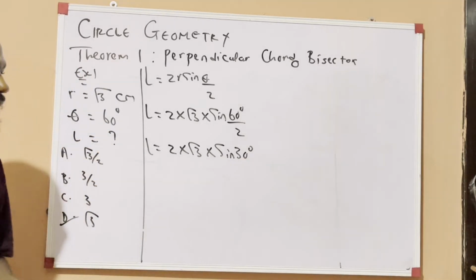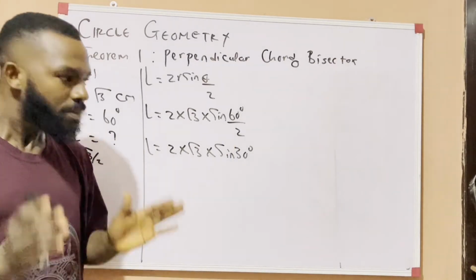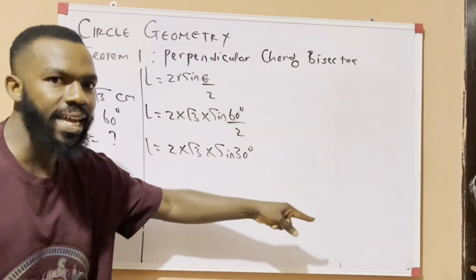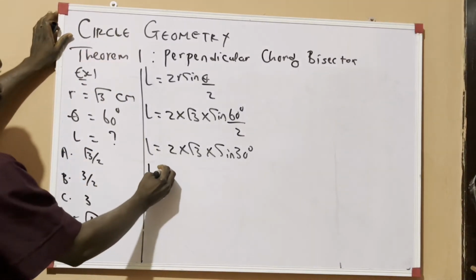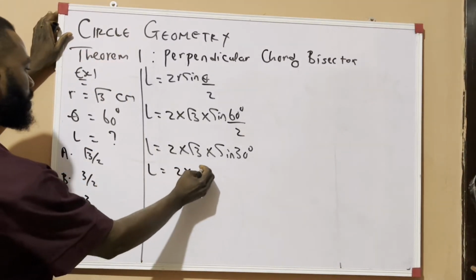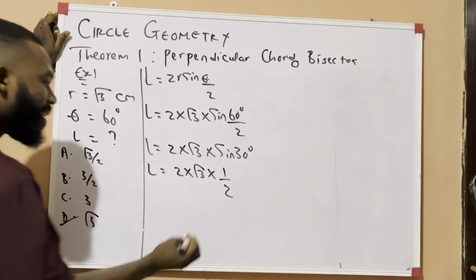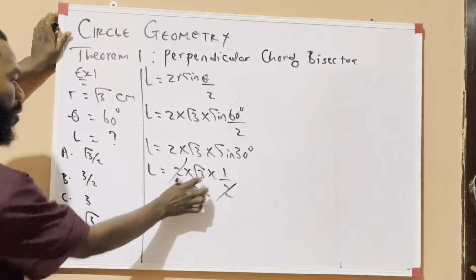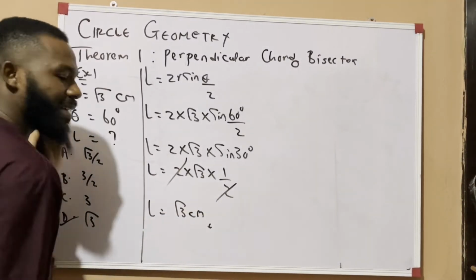Now the question is, how did I get 30? 60 divided by 2 gives us 30. And of course, we said sine 30 is 1 over 2. So length is equal to 2 times root 3 times 1 over 2. Aha! If 2 should cancel out 2, what do I have? The length of the chord is root 3 centimeters.